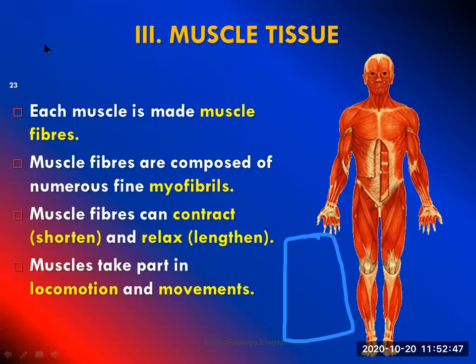In each muscle fiber, many myofibrils are present. Muscle fibers can contract and also relax. Contraction and relaxation is the property of muscle fibers. So muscles take part in locomotion and movements.